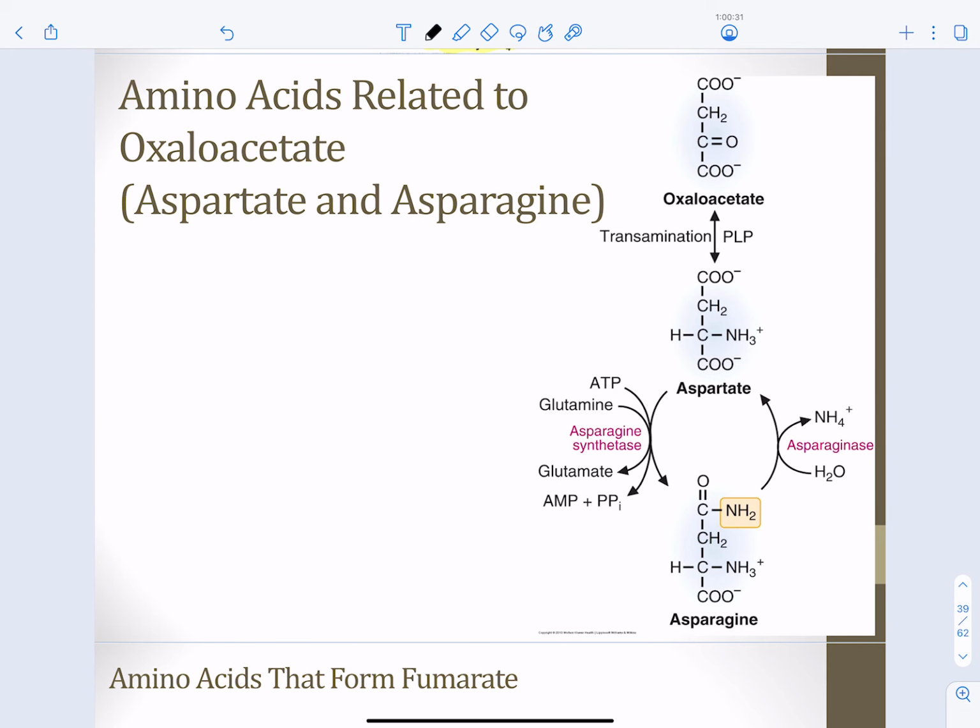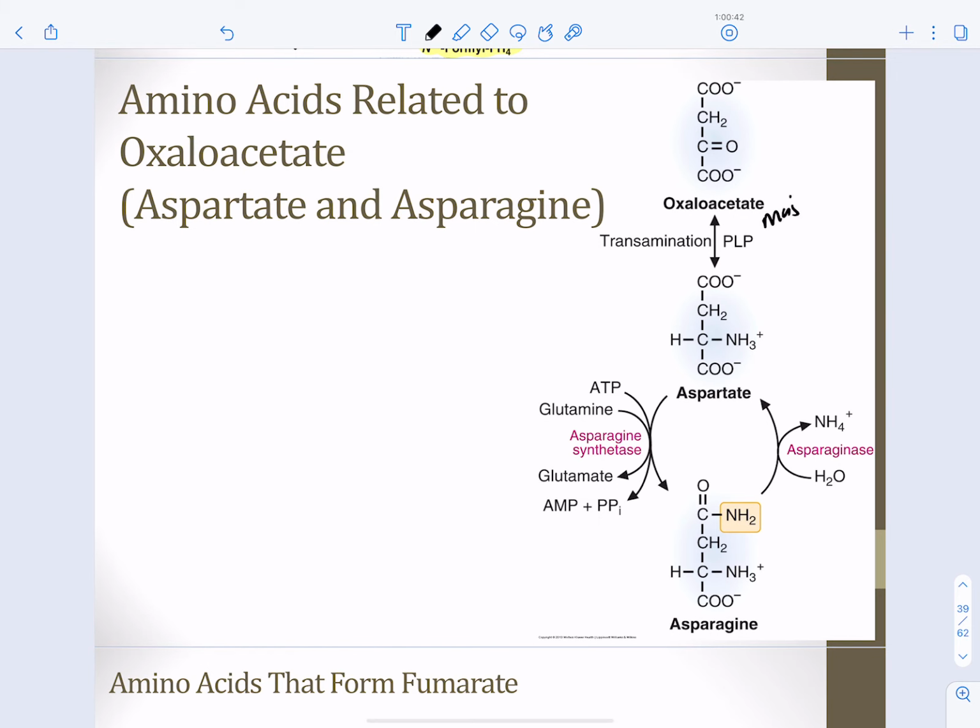All right, so we have oxaloacetate, and so we've talked many times about oxaloacetate transamination to aspartate. And so this is the major degradation of oxaloacetate, is that transamination reaction.